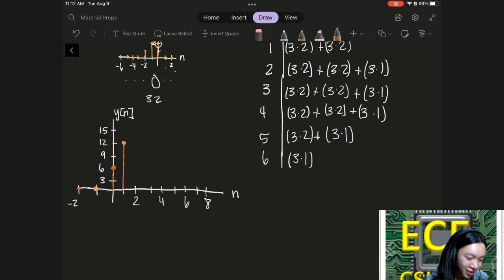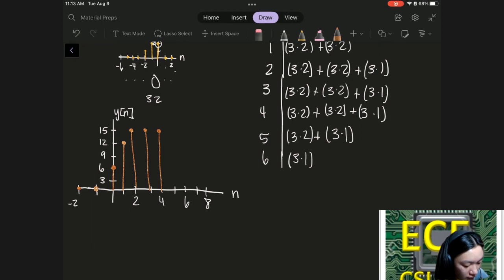N equals 2 is 15. 3 is also 15. N equals 4 is 15.